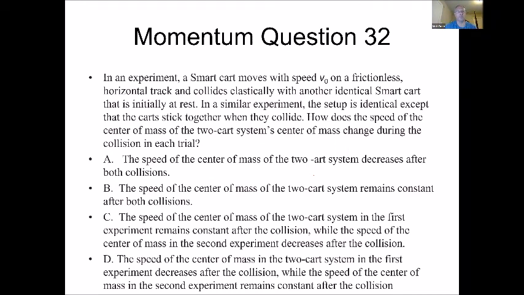Well, here's the thing. It doesn't matter if we're talking about elastic collisions or inelastic collisions. In both, momentum is conserved, which means that the momentum of the center of mass is conserved, which essentially means the velocity is going to remain the same. Let's say the speed of the center of mass is going to be the same.